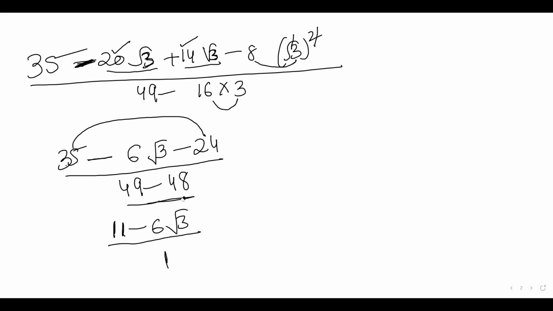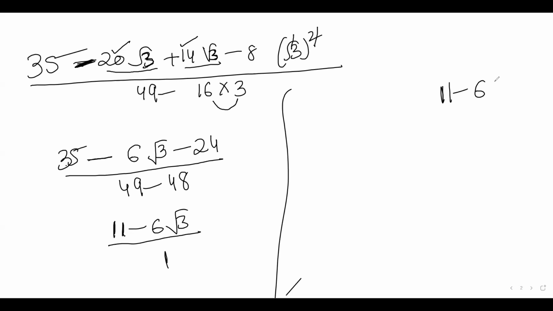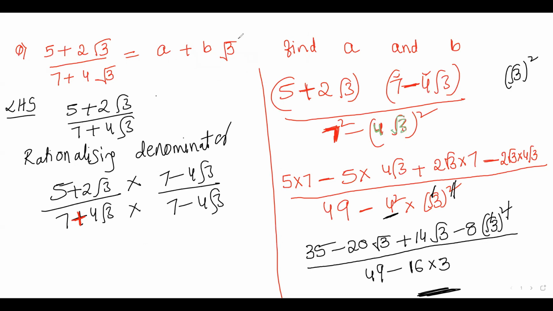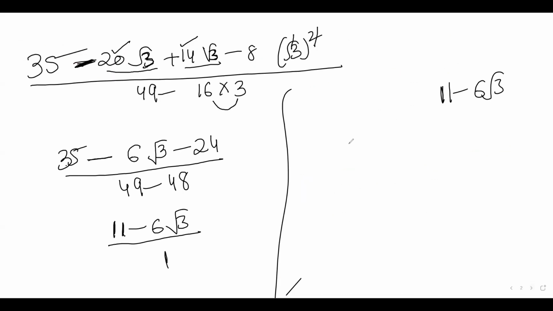So finally I got, there is no value for 1 in the denominator. So I can write this as 11 minus 6 root 3. If you notice the right hand side, it is given a plus b root 3. Let us compare 11 plus minus 6 root 3.